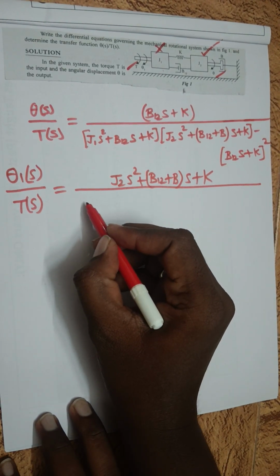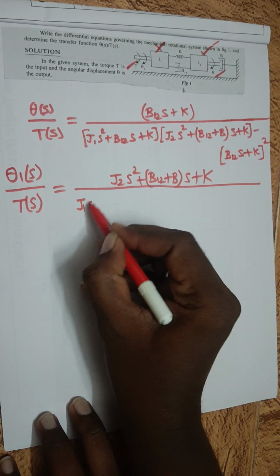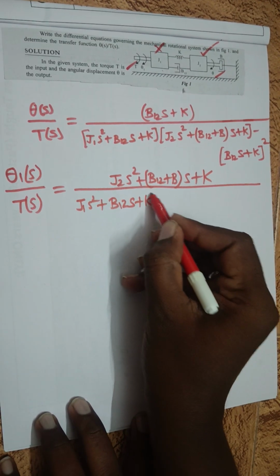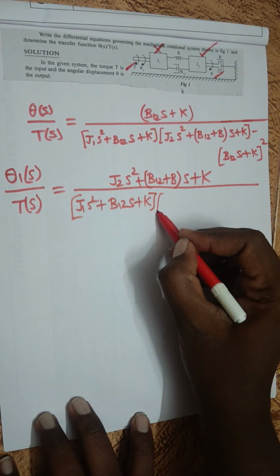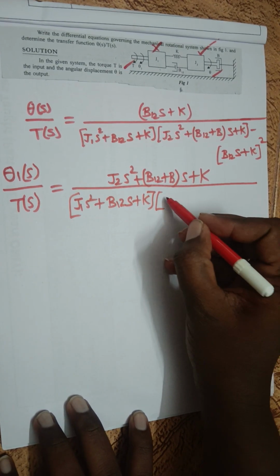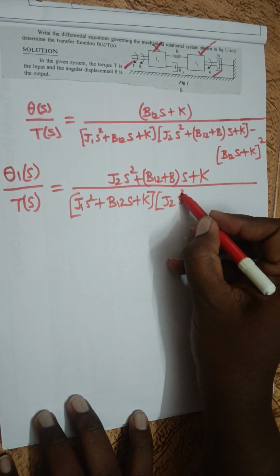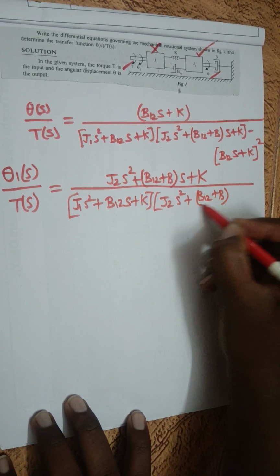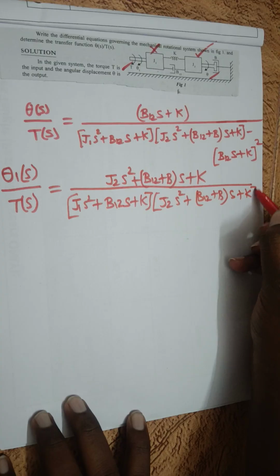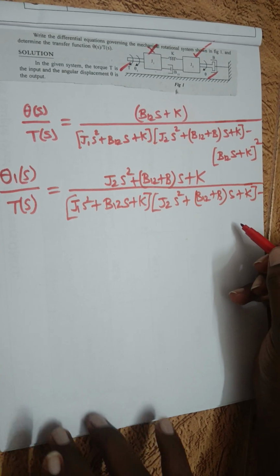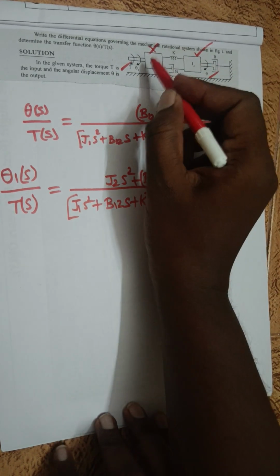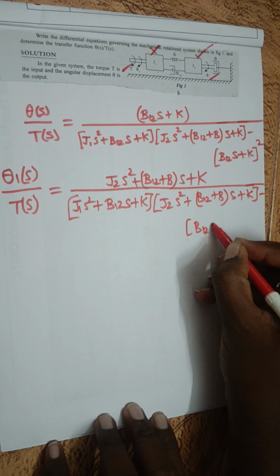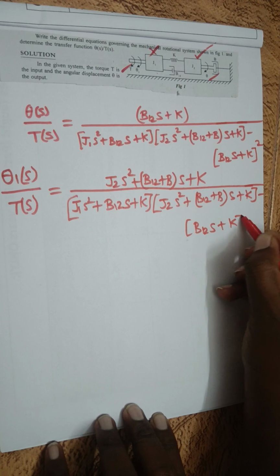So the elements associated with J1, that is J1 S square plus B12 S plus K, into the elements associated with J2, that is J2 S square plus B12 plus B into S plus K, minus the square of the elements connected in between J1 and J2, that is nothing but B12 into S plus K whole square.